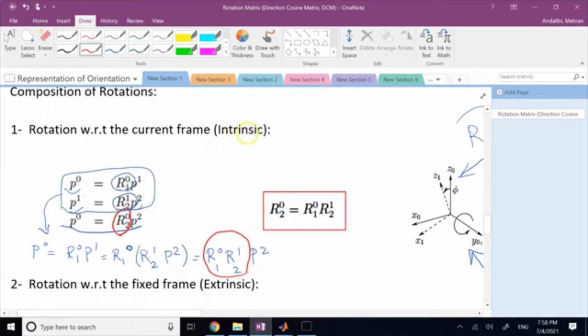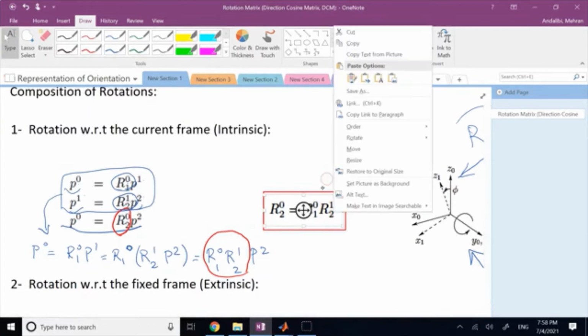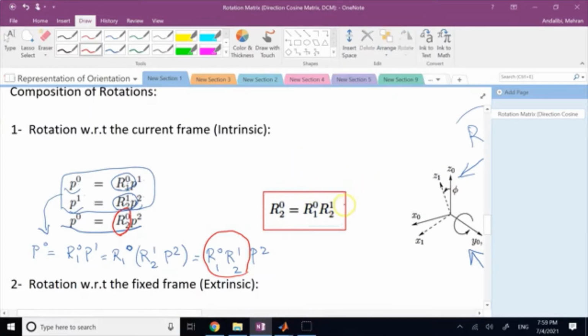If the rotations are about the current frame, how do I go from the first frame to the last, or basically from the last frame to the first, any of that? All I need is to go according to the order. Which rotation happened first? R10 happened first. So I first put that on the left. Which rotation happens next? 2 with respect to 1. This was next, so it's like first come, first served. If you were the first rotation, I put you on the left. If you were the second rotation, I put you second on the left.